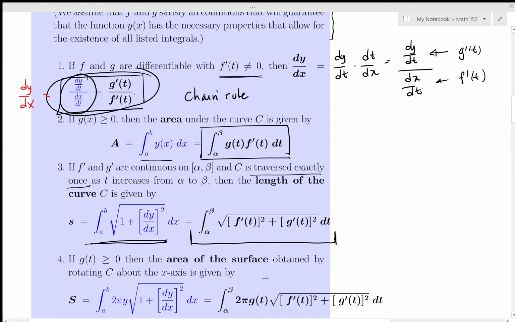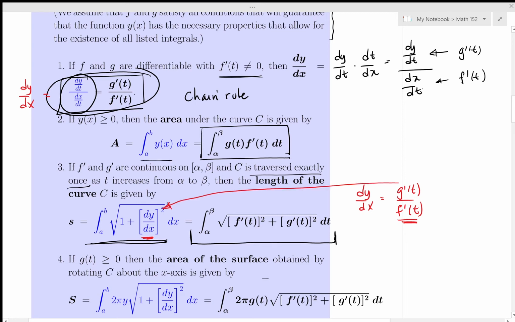So dy by dx is g prime at t over f prime at t. So I can simply substitute that in. Because that is dy by dx, I can substitute this in here.